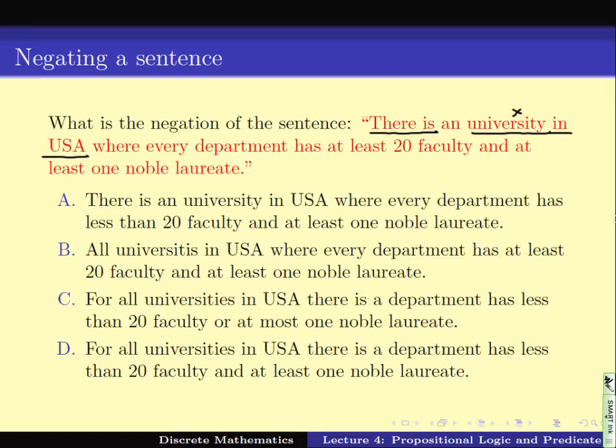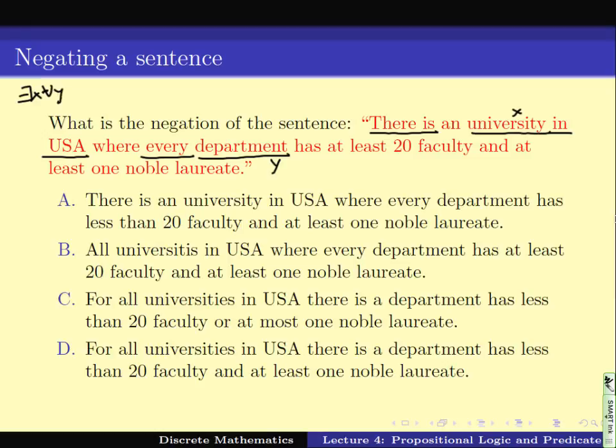And then there is another quantifier, namely every, that is for all, and the variable here is department, let's call this one Y. So the statement is of the form: there exists X, for all Y.